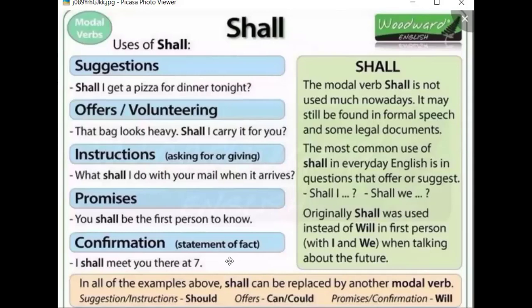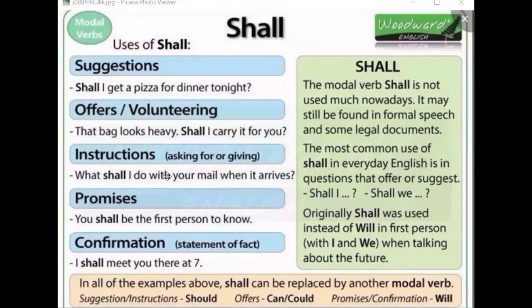Okay, read the last notes also. Yes, sir. In all of the examples above, shall can be replaced by another modal verb. Suggestions, instructions: should.